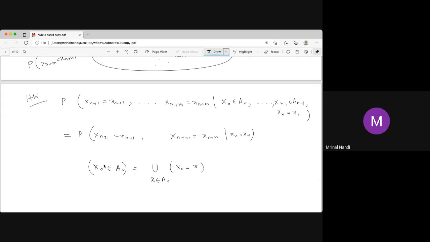So some random variable belongs to some set, means the random variable takes each value, and then take the union. This is the result, and this result you can check. It is slightly calculative, because there is a union, then several unions are there.